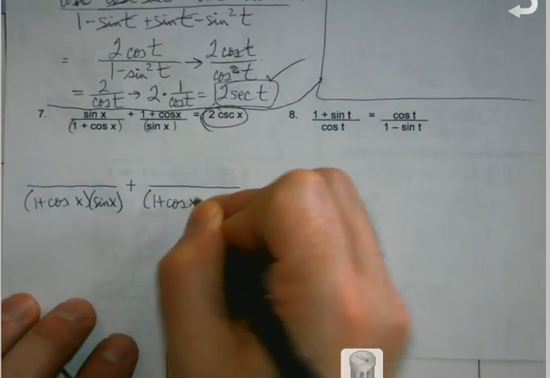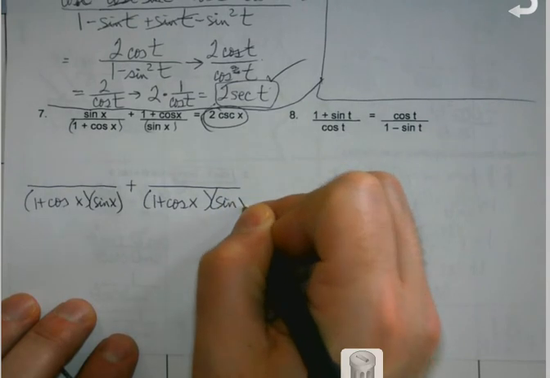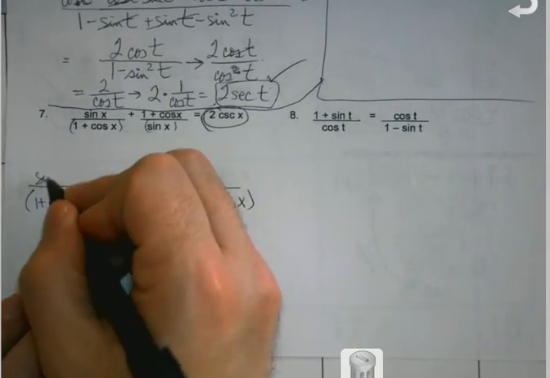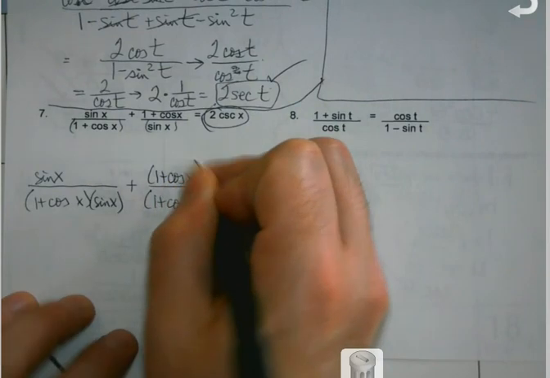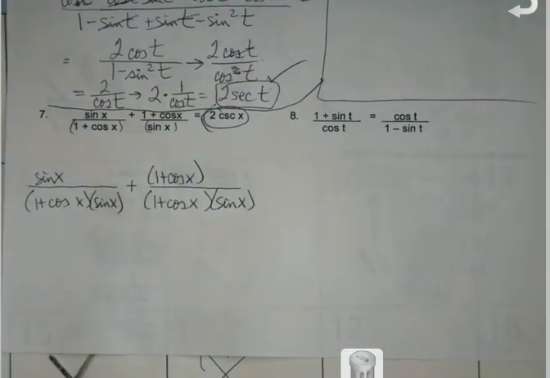Not always pretty when this happens, but it's just one of those things we have to deal with. So I've got my new denominator set, 1 plus cosine x times sine of x.